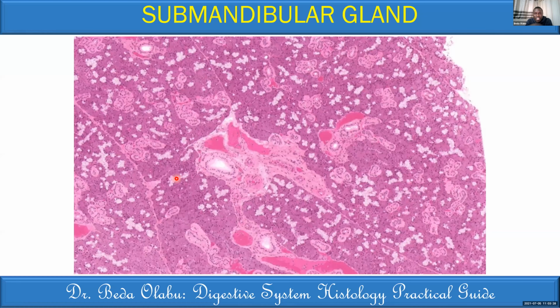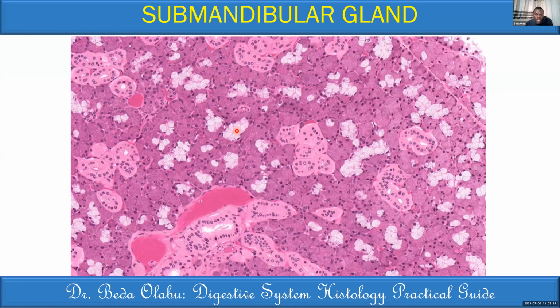But at a higher magnification, you'll appreciate that they are not adipocytes. They are mucus acini, and you can appreciate that in this view. But the fact that you have mucus acini and serous acini mixed means you're looking at a mixed salivary gland, and submandibular gland is the best shot for this one.